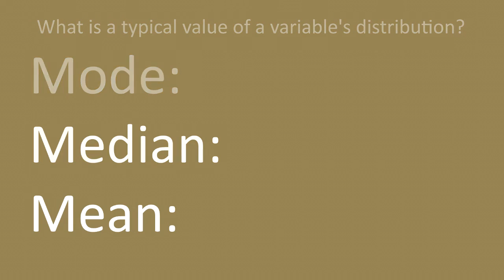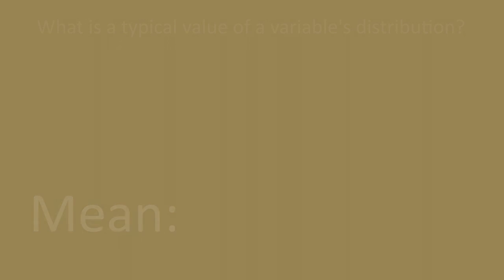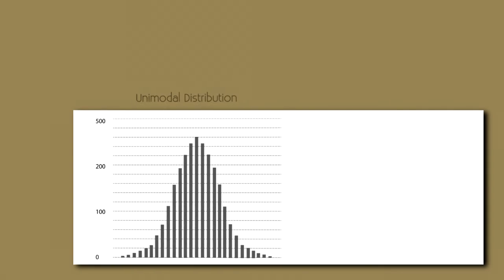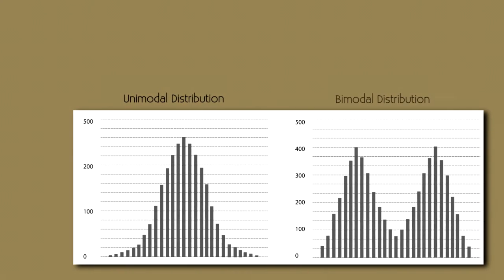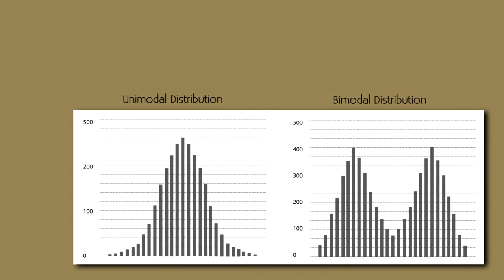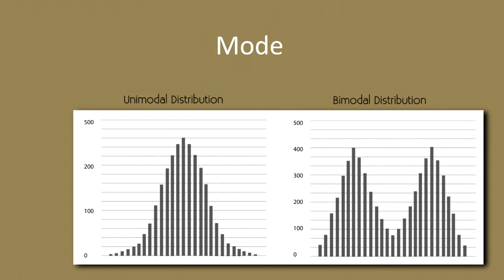And we saw examples when distributions have one mode, that is, a unimodal distribution, or two modes, a bimodal distribution. In other words, so far we identified the mode visually from the histogram. Looking at our histograms again, we can easily see the mode. It's the most common occurring value in the distribution.